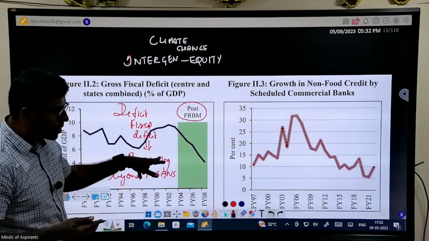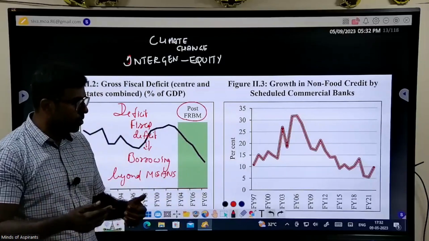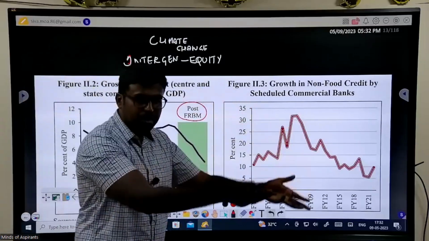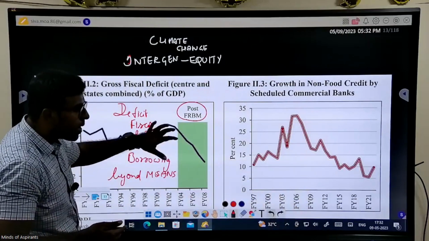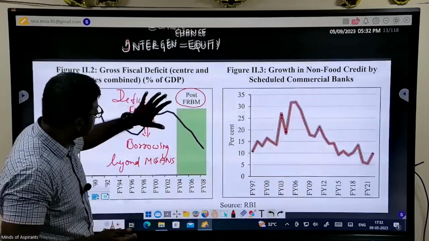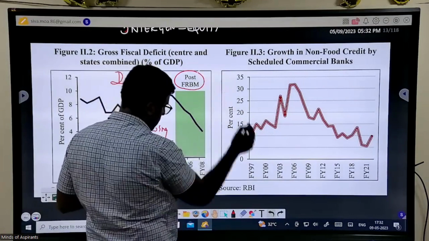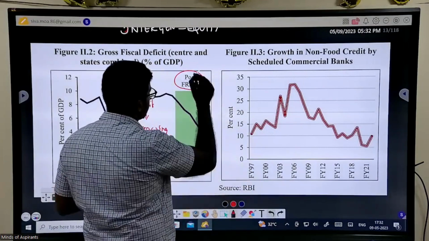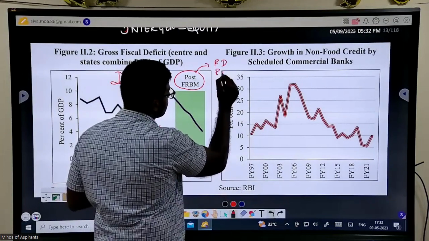Similarly, this is also one thing. If this generation keeps borrowing, the interest will go to the next generation. And this is why you have the FRBM Act, the Fiscal Responsibility and Budget Management Act. In the FRBM Act, fiscal deficit reduces, revenue deficit reduces.